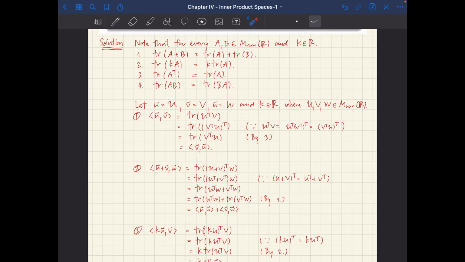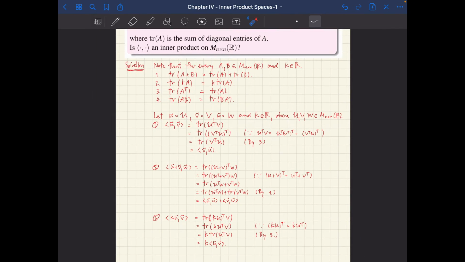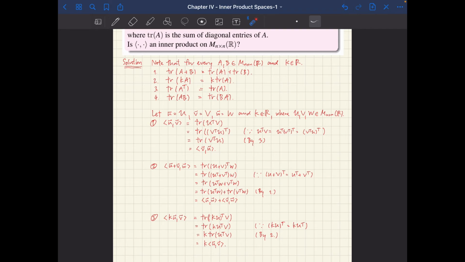Next we distribute from the right hand side, and then we use the property of the trace, that the trace of a sum of matrices is the sum of the traces. This came from number 1. The first term is the inner product of u and w, and the second term is the inner product of v and w.